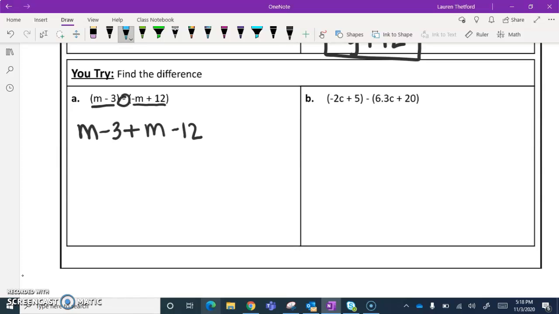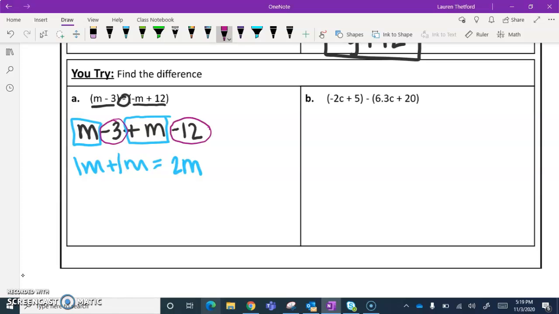So now we combine like terms. So we have m plus m. And so m plus m is like having 1m plus 1m, which is 2m. And then we have minus 3 and minus 12. So negative 3 minus 12.